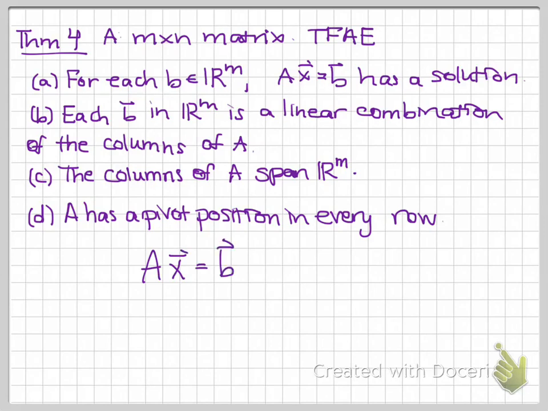Well, to be able to do that for any B, when I look at the augmented matrix with the columns of A and then B, I would need a pivot position in every row. And so that's where this last condition is coming from. Again, this is a really important theorem. We're going to be using it a lot this semester, so make sure that you work with it and that you're comfortable with it.